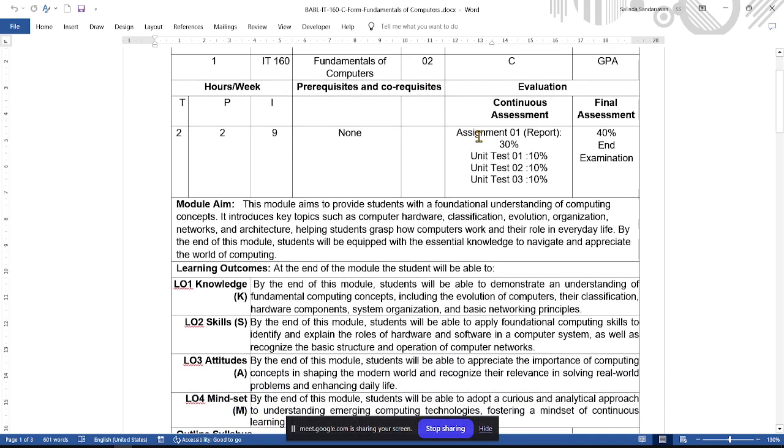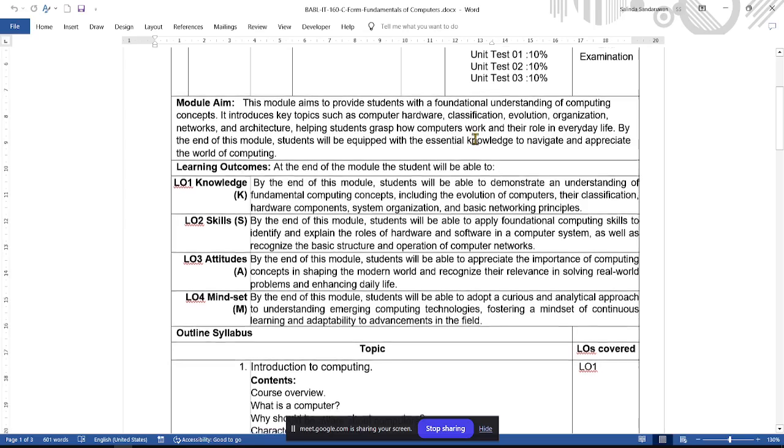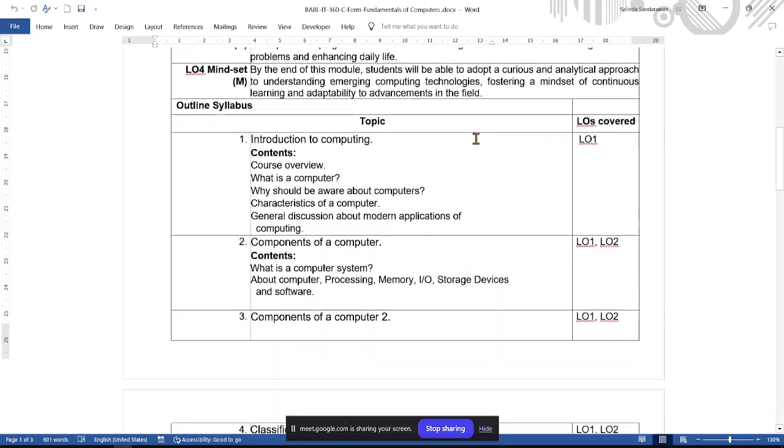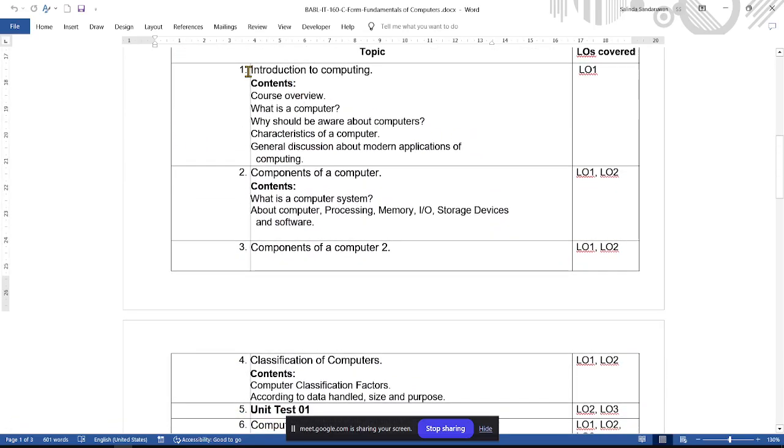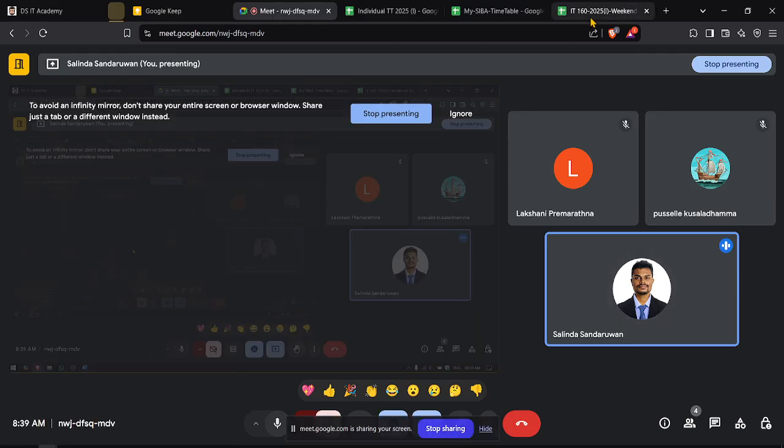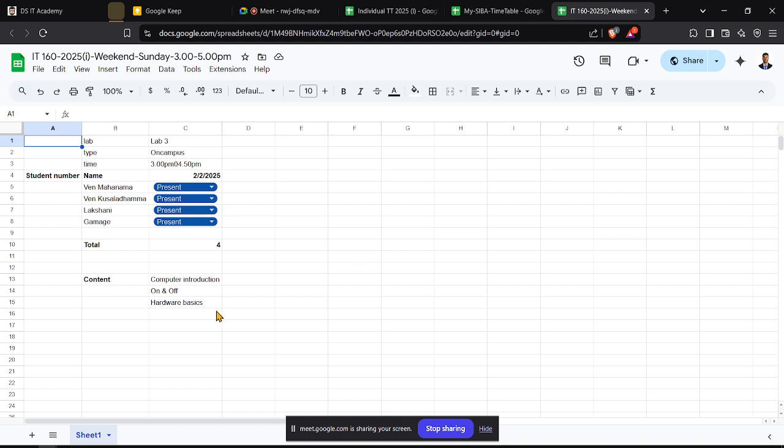And we have assignments, unit tests, and likewise some continuous assessments. And here are the topics. Last week we discussed what a computer is, but we haven't discussed any definitions. But we have discussed some content: computer introduction, some hardware basics.